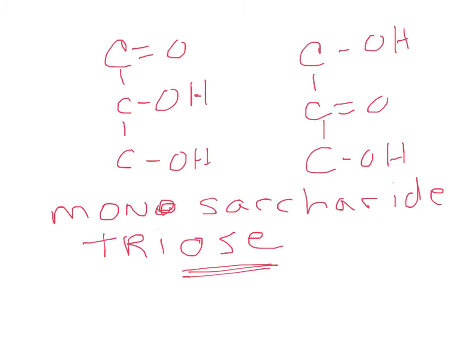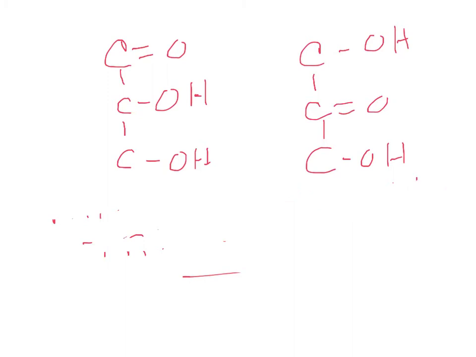If I added carbons to these molecules, they're still monosaccharides, but this would now be a tetra, or a tetrose. This would be a tetrose that's an aldehyde. This would be a tetrose that's a ketone.